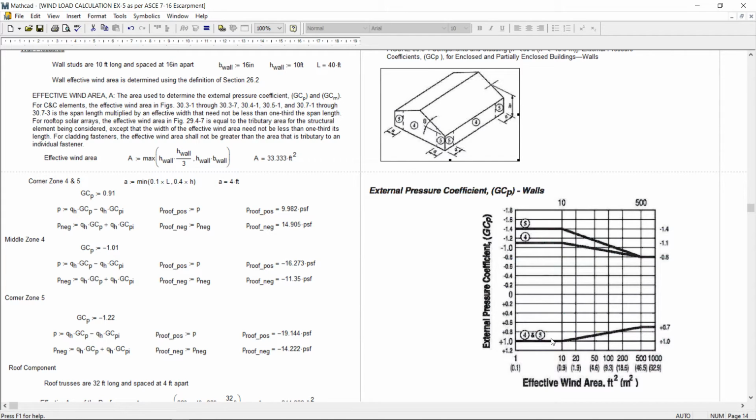Now you can see here the value is 1, here the value is 0.8. So for zone 4 and 5, when the area is 33, it comes out to be 0.9, which is almost in the middle. So here we took 0.91 and we calculated the pressure over here.